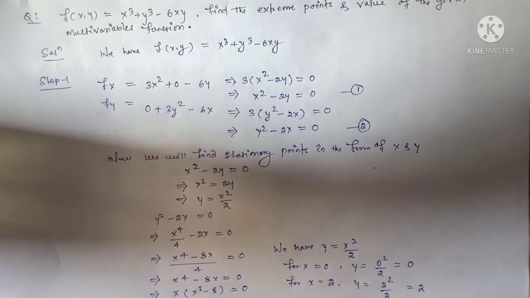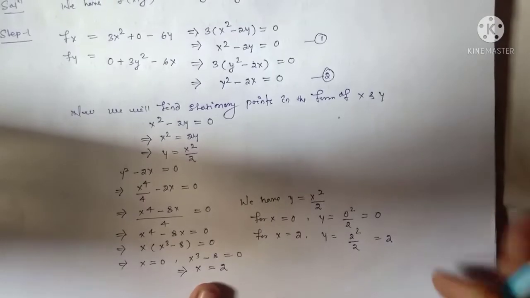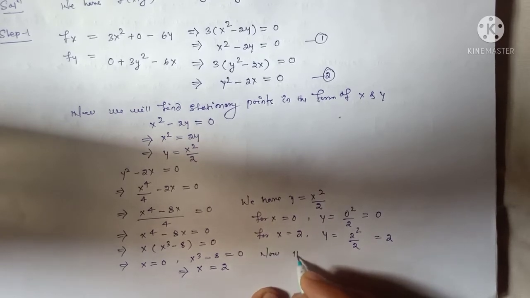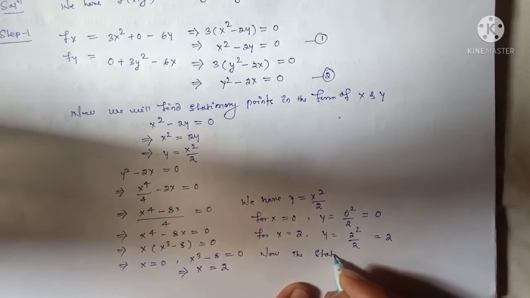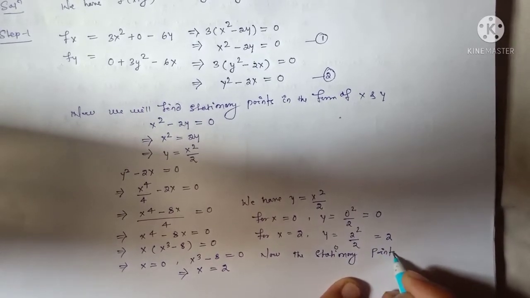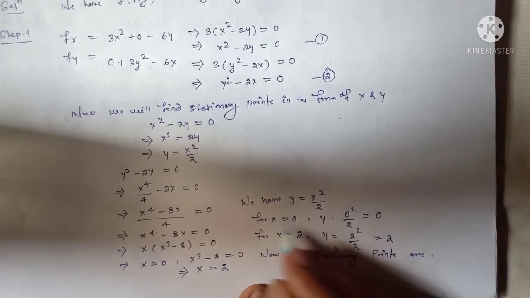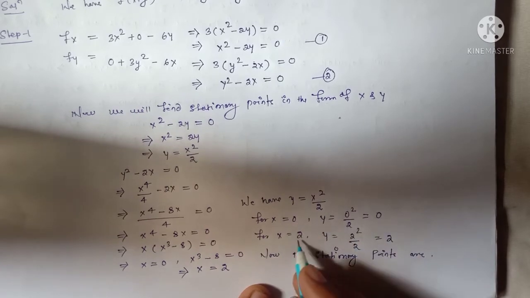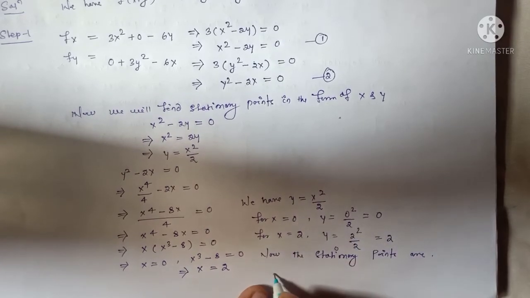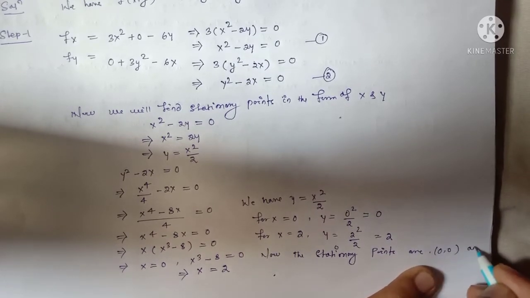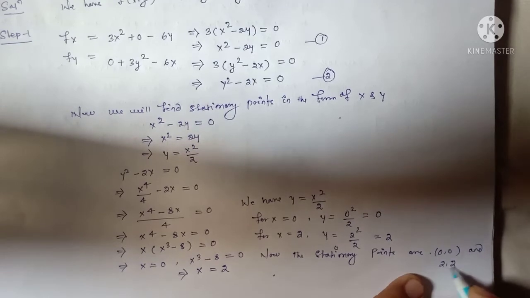So here we will get the stationary points, that is nothing but x and y, here 0, 0 and 2, 2.